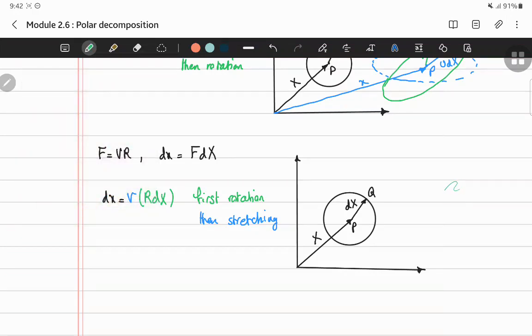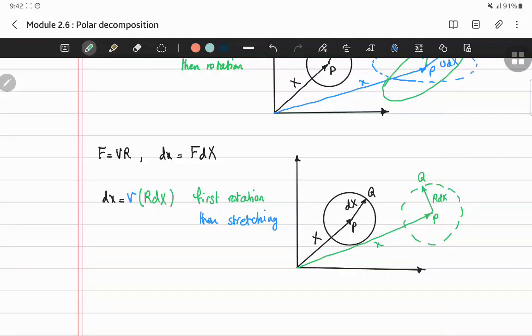So I get something like this. I have small x in here. This is P. For example, it rotated like this. So this is Q, and this is R dX.